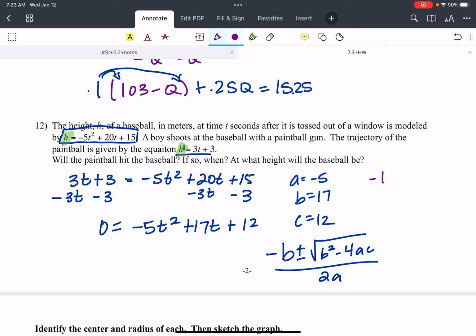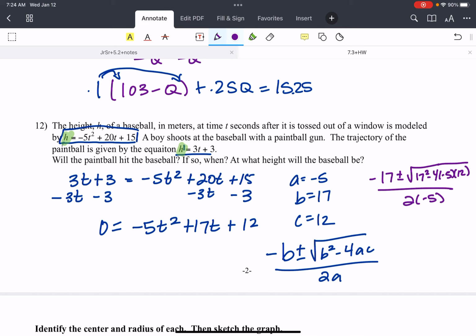So we end up with negative 17 plus or minus the square root of 17 squared minus 4 times negative 5 times 12, all over 2 times negative 5. Then plug those numbers in. It's going to give you a positive result and a negative result. Obviously, we don't have negative height, or negative time either way, so that doesn't make a whole lot of sense.